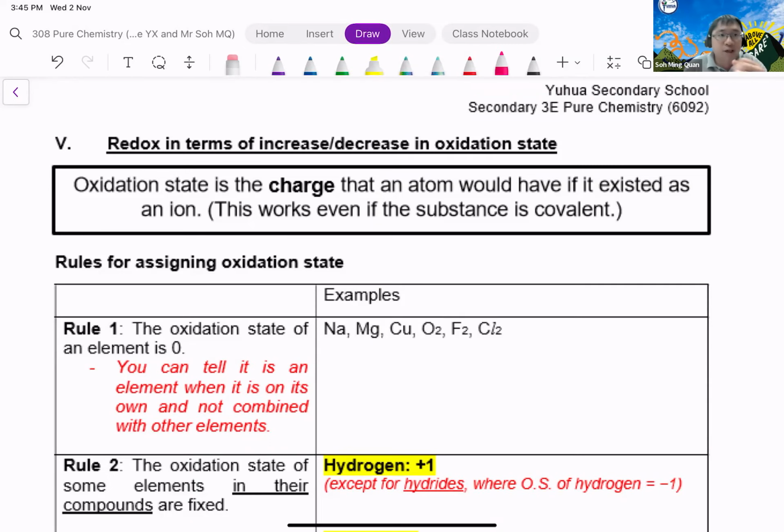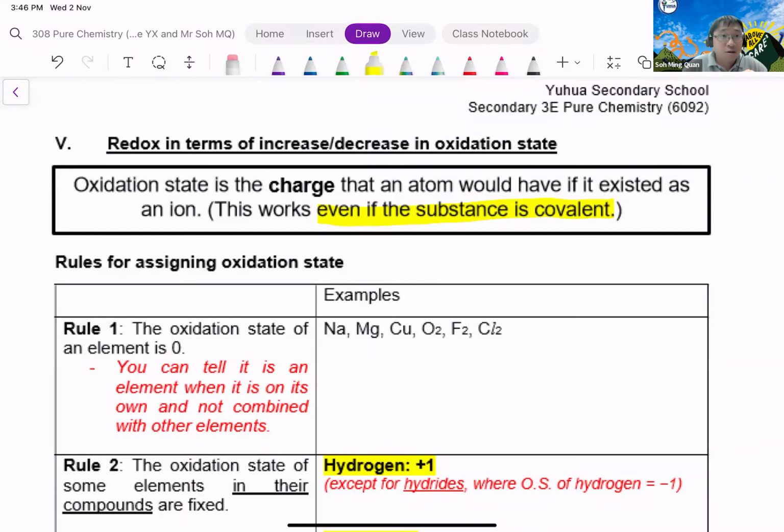So what is oxidation state? Now, oxidation state is the charge that an atom would have if it existed as an ion. But importantly, we already said not everything is ionic. Not everything is an ion. So this is really the charge that we imagine that it would have, even if it's covalent. That means I can assign oxidation states to specific atoms in a covalent molecule.